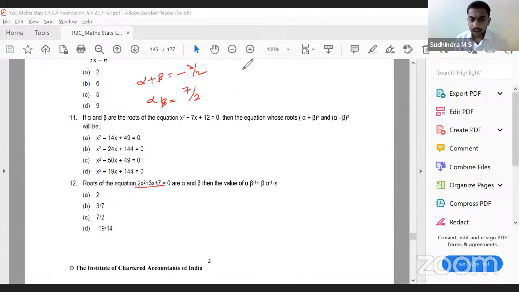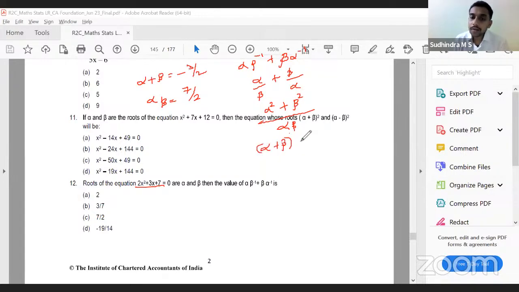They are asking us alpha into beta to the power of minus 1 plus beta into alpha to the power of minus 1. That is nothing but alpha by beta plus beta by alpha. So I will take alpha beta LCM. We get alpha square plus beta square, which is alpha plus beta the whole square minus 2 alpha beta, divided by alpha beta.